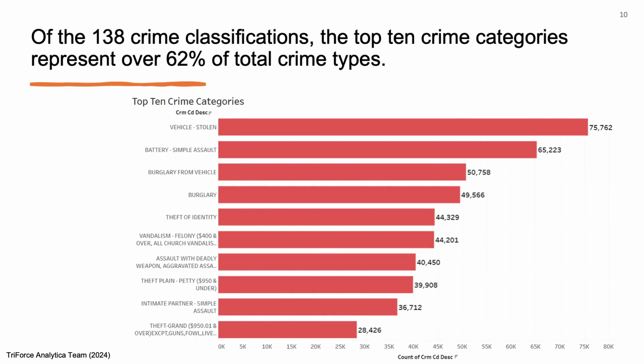And as we can see on our screen, the most common crime category in LA is actually stolen vehicles, with over 75,000 occurrences, which is about 10% of the total crime types. This is followed closely by simple assault battery. We also have burglary from vehicle. Burglary and identity theft round up the top 5 crimes.